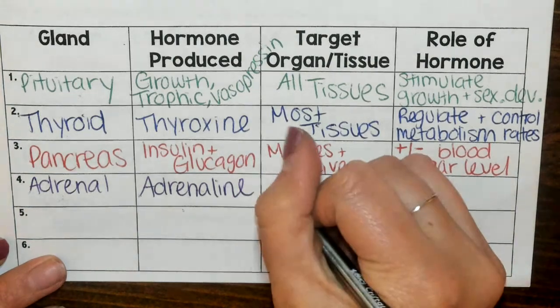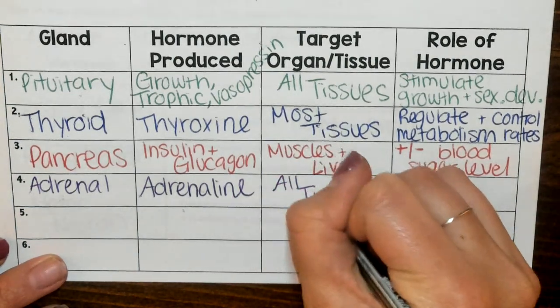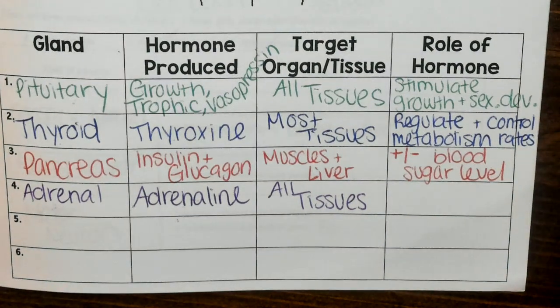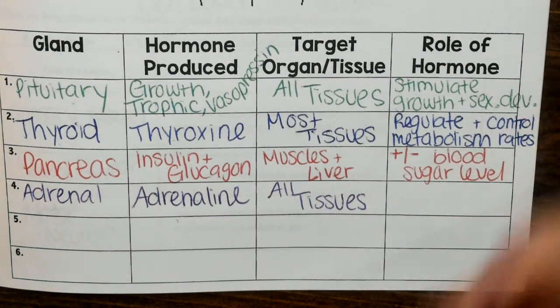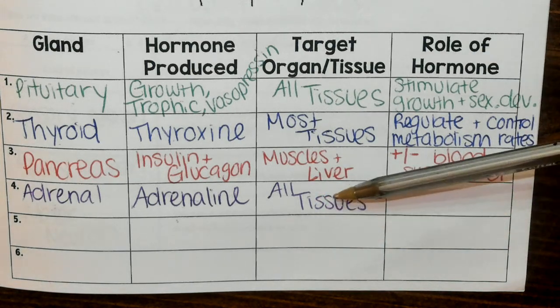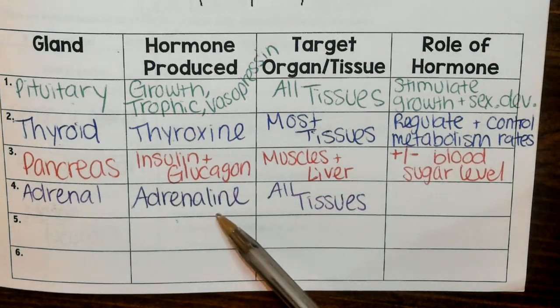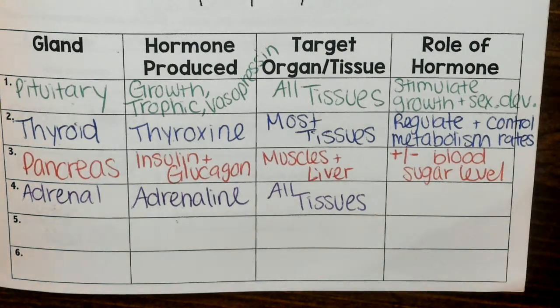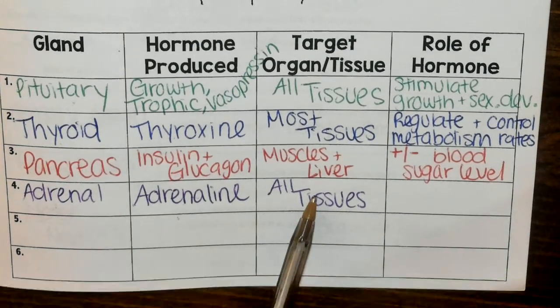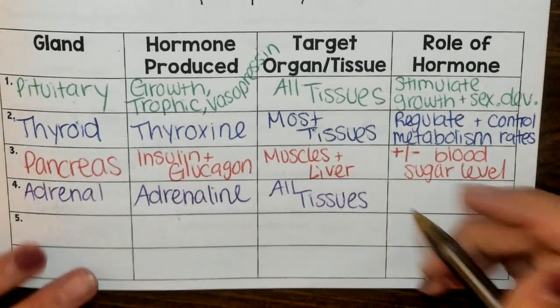And this targets all tissues. If you think about the fight or flight response, it's not just one part of your body that is reacting. It's your entire body. Adrenaline is dumped into your bloodstream and your whole body is affected by that. So that's all tissues.